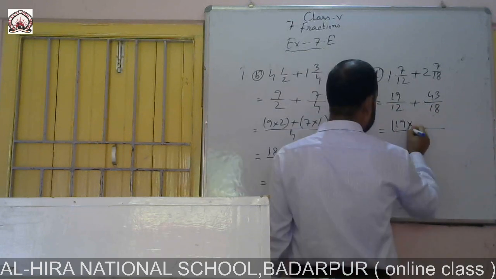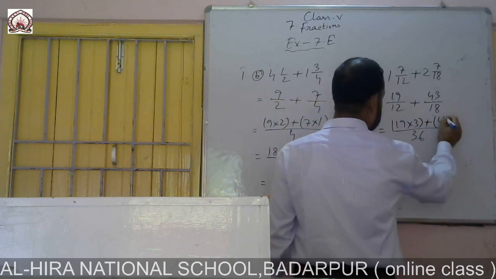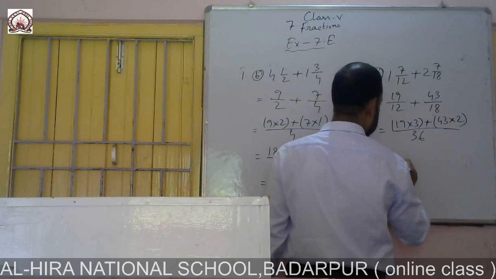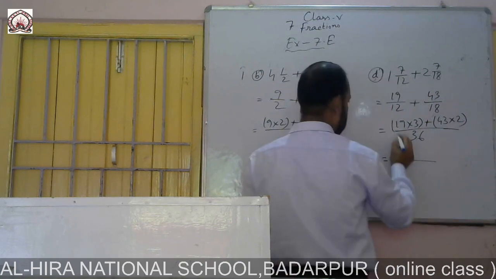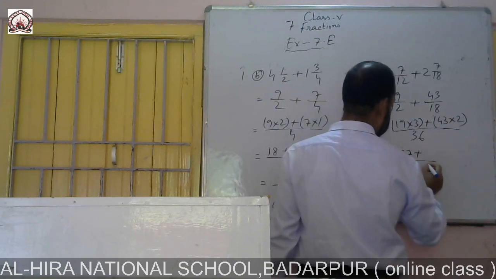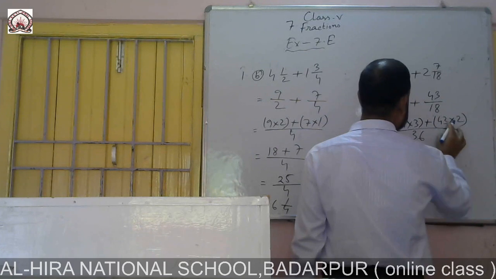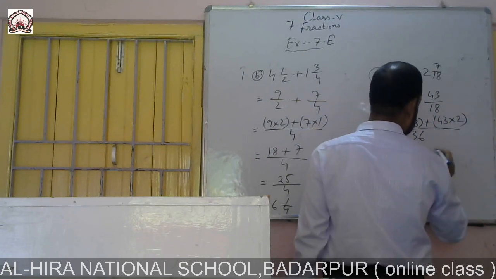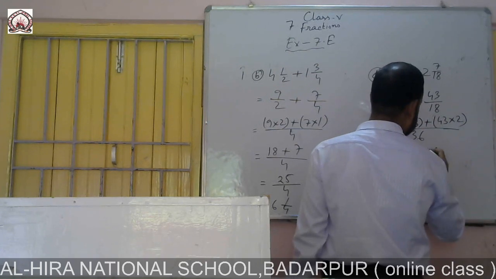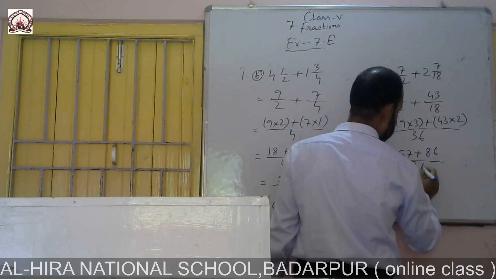Now 19 into 12, 3s are 36, plus 43 into 18, 2s are 36. So 19 3s are 57 plus 43 2s are 86.